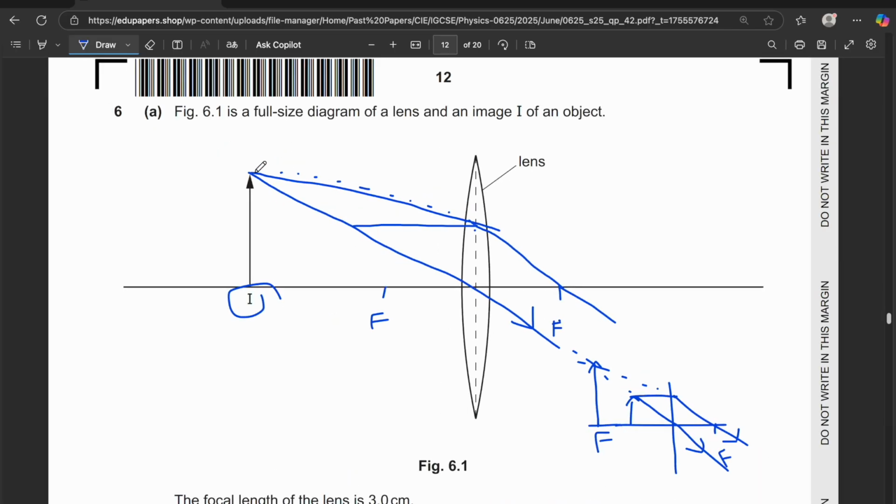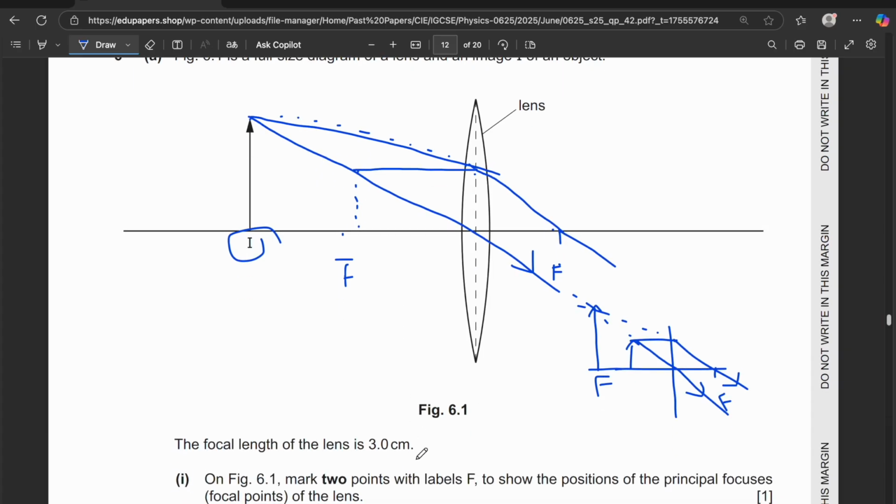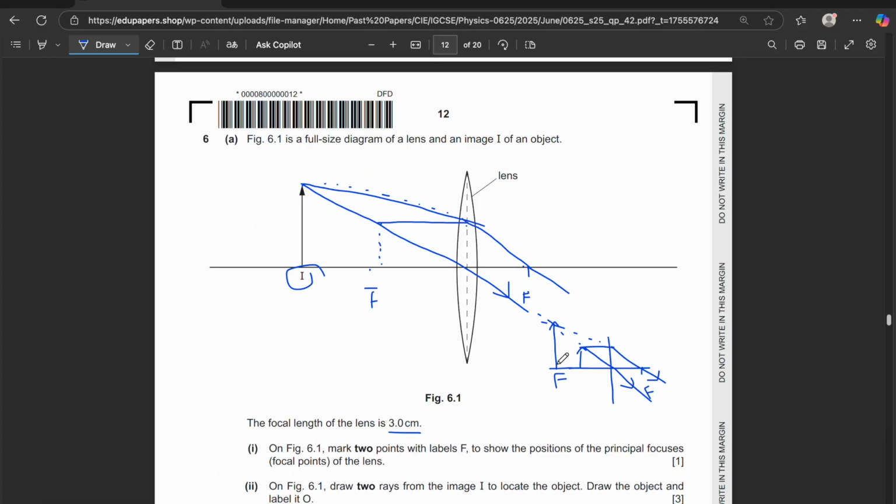So please be careful about this. This from tip to this is one whole straight line. And then you draw a horizontal line from here and trace the object. So actually the object has to be between the center of lens and the focus. So on paper, draw with actual rulers and this distance, and it should be fine. So don't forget to put the arrows as well.